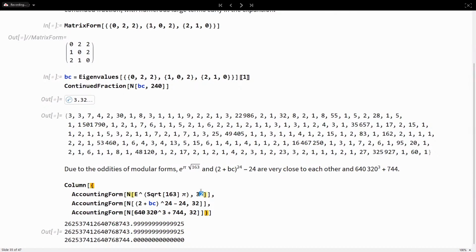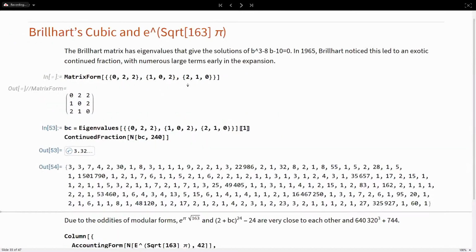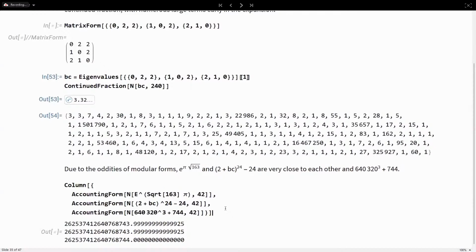Now, if we extend these further, let's reevaluate this. If we extend these further, we see that these actually diverge after 32 decimal places. But it's bizarre that these two values are so close to each other for 32 decimals.